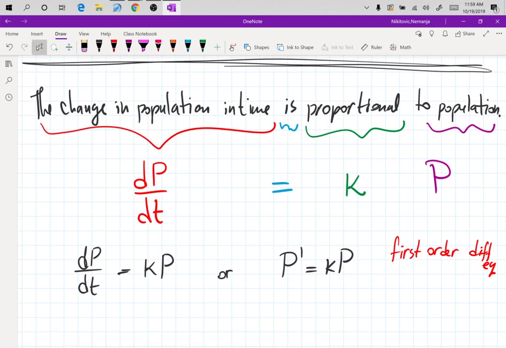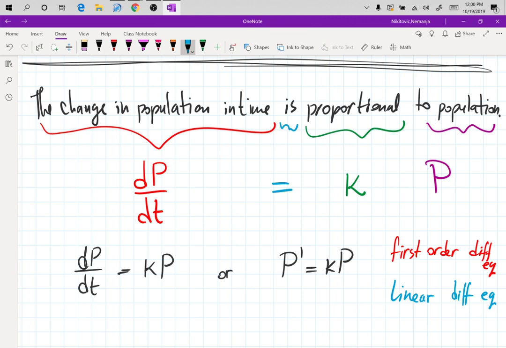So, what you see here. Now, the second classification for the same differential equation over here is that it's a linear differential equation. Now, this concept is harder to understand.